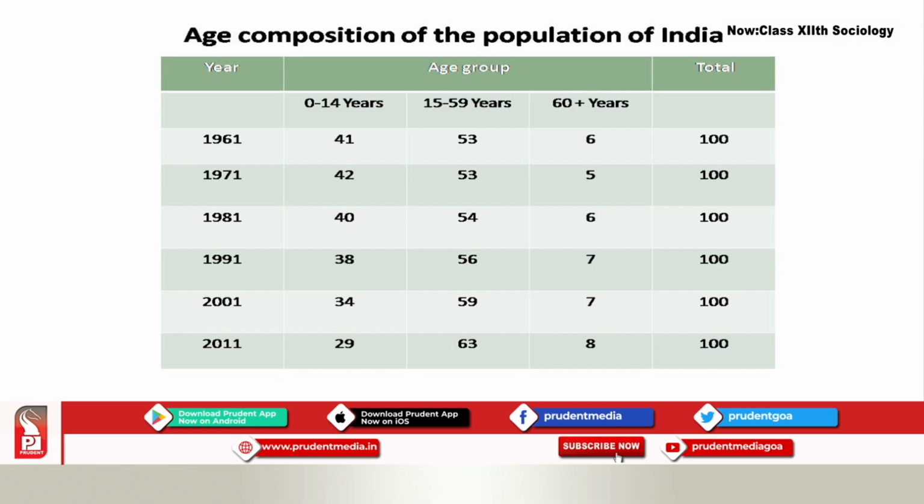So that is what the age structure of the Indian population says, that the maximum population tends to be younger. They fall in this second age group.